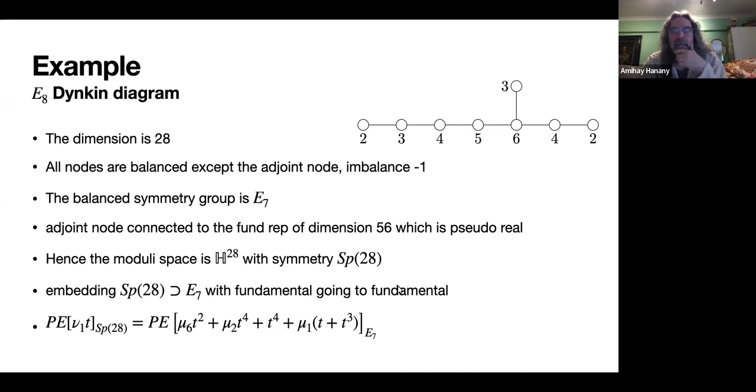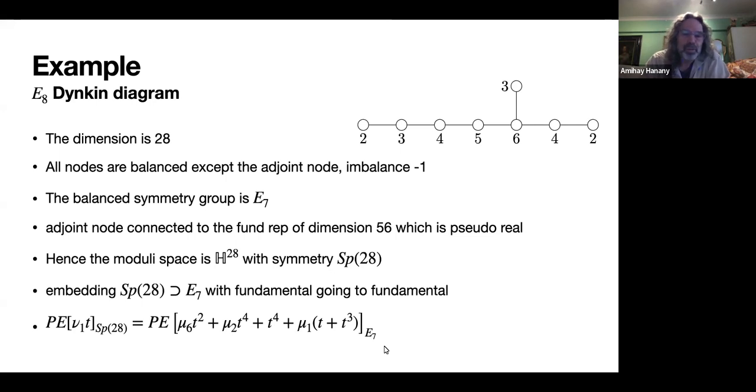Okay, and again, I repeat the exercise of the computation. Here are all possible symmetric products of the fundamental of SP28. And on this side, I get the decompositions into representations of E7. Actually, this is a result that we worked out yesterday with Julius.